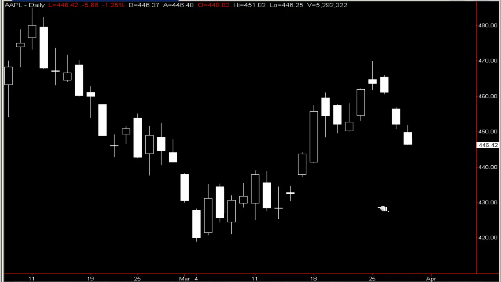So candlesticks, very useful. Some of the patterns that you might see, here we have what is commonly known as a shooting star, right? And I'll do videos on a number of candlestick patterns just so you can see what they look like, but this one is fairly obvious, so I wanted to point it out.